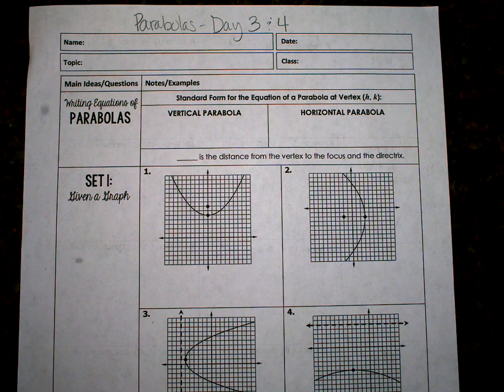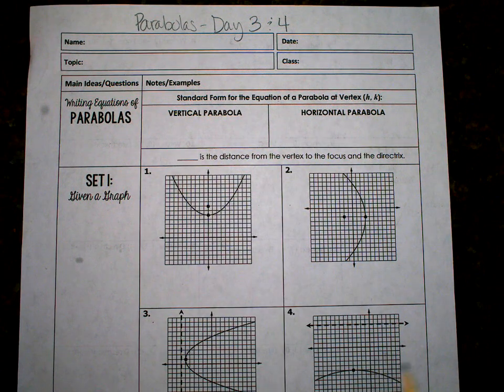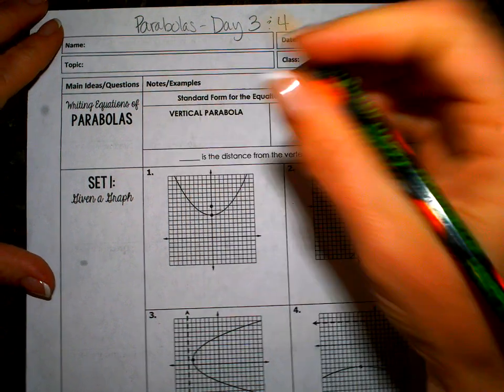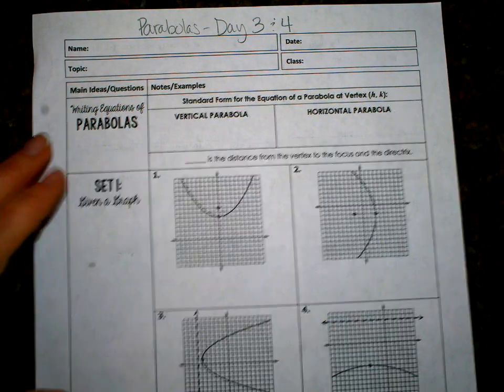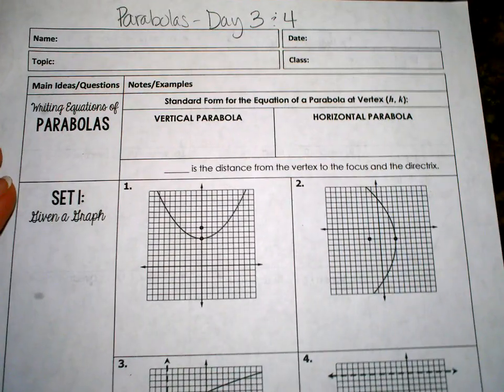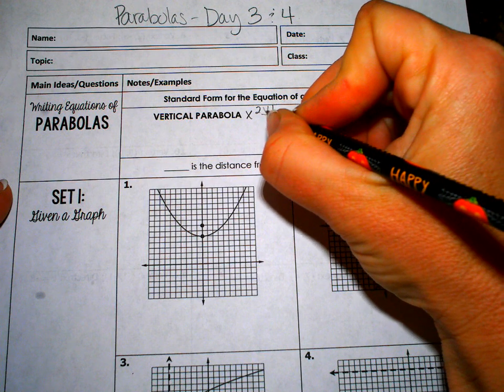All right. So let's review what our equations for vertical and horizontal are. This is from yesterday. I'm going to have my vertical parabola. My vertical parabola is the one we're used to seeing, the one we saw in Algebra 1, which means it has an x squared in it. That's the typical, normal parabola.